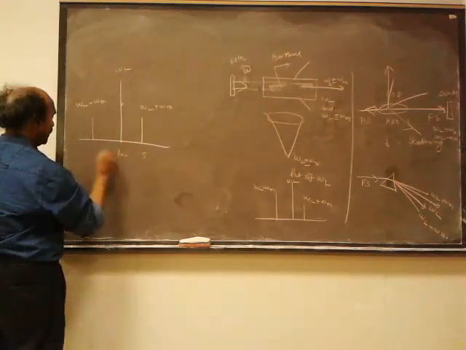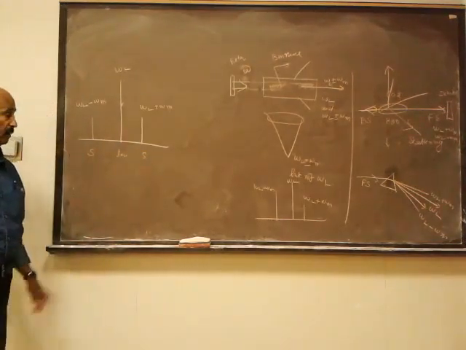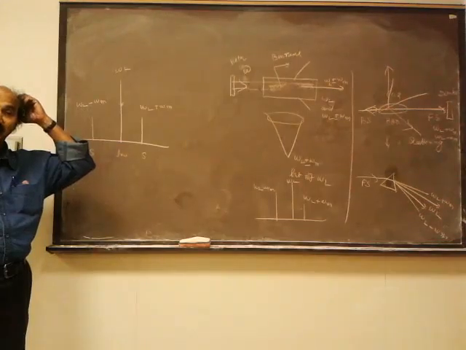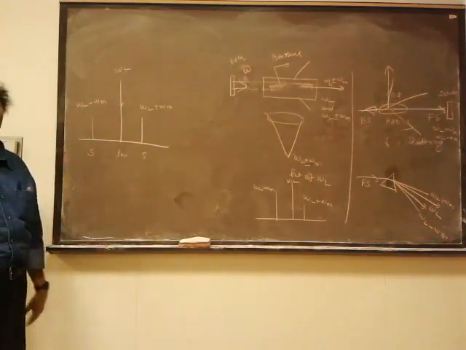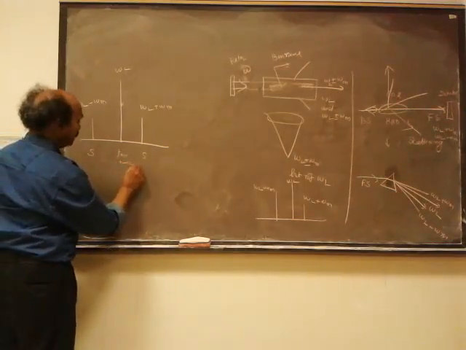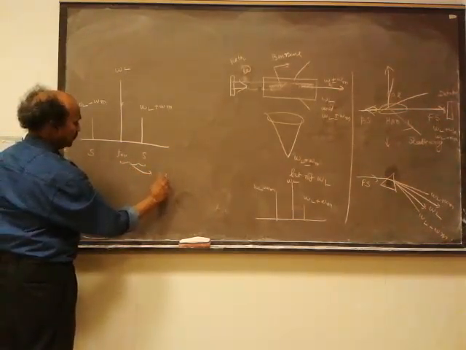These are scattered light, this is scattered light. Now these two should have the same intensity. Both should have the same intensity. And this kind of shift is called a Stokes shift.